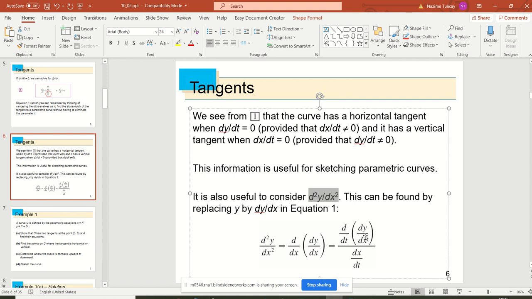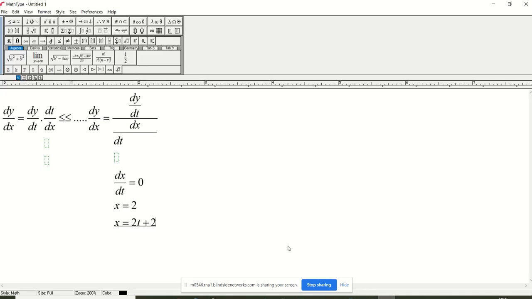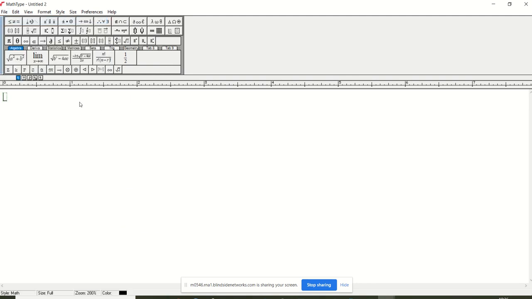Now here, what does it say? This is the derivative of y according to x. If you reverse this one, you will see that it will be dt over dx, and it will be the same thing as this one. I will try to copy it to this place. File, new.